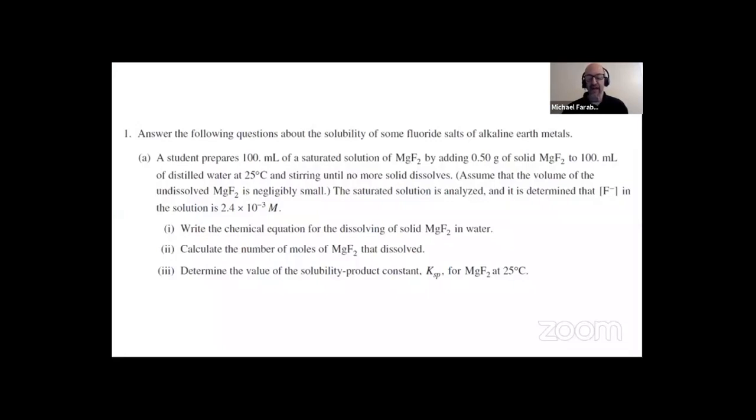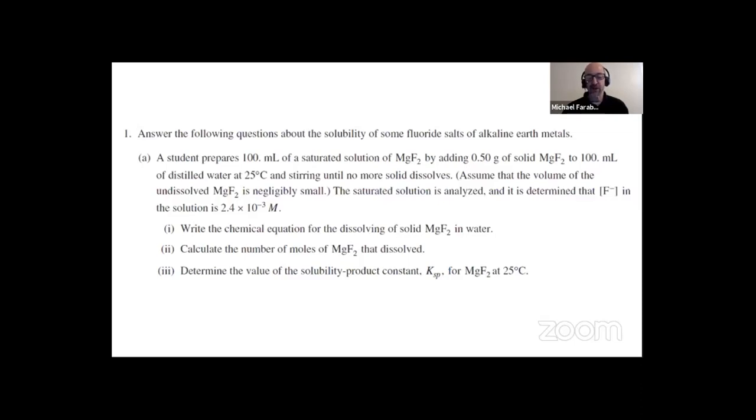And so this question relates to solubility equilibria. So we have a saturated solution of magnesium fluoride, MgF2, and that was prepared by adding 0.50 grams of solid magnesium fluoride to 100 milliliters of distilled water.